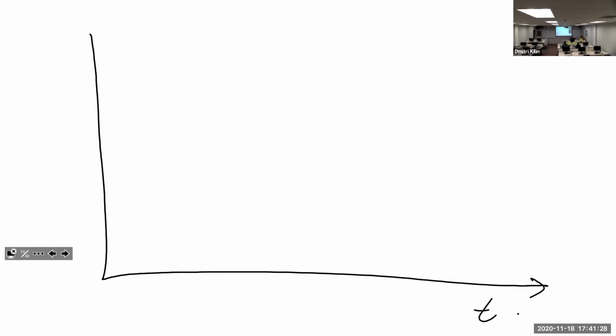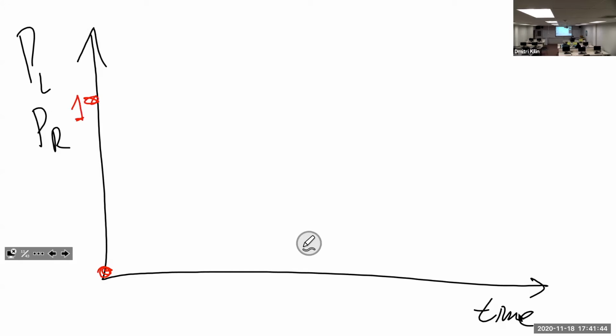So if I set up a time axis and start plotting P left, then at the beginning we have everything on the donor. P left at 0 is 1. And as time passes by, it may or may not donate part of this probability to the acceptor.